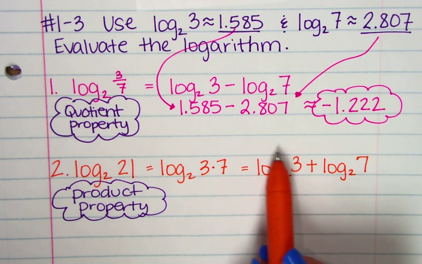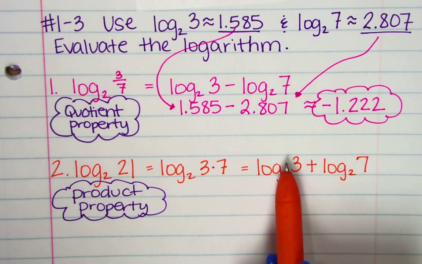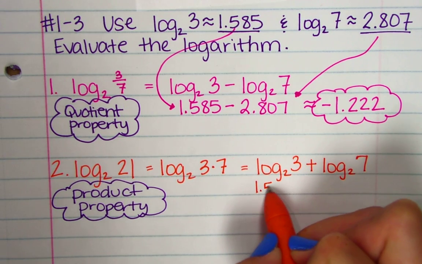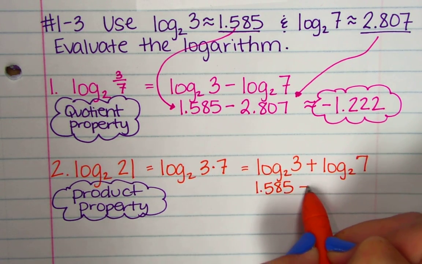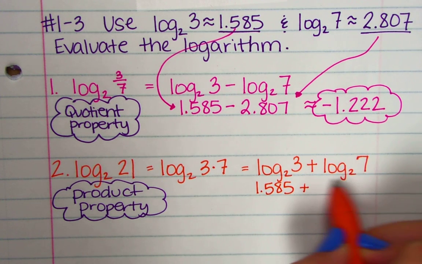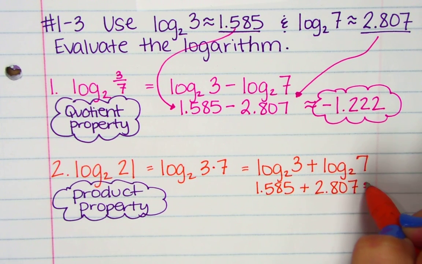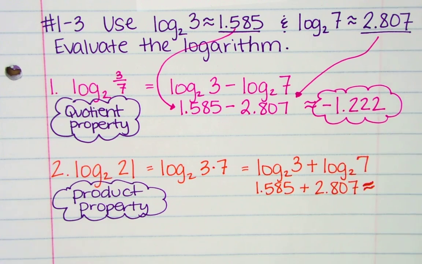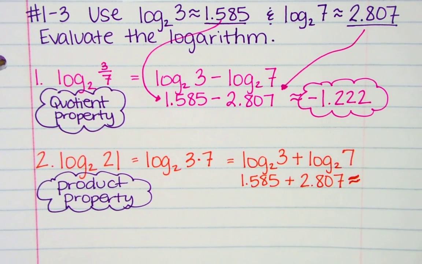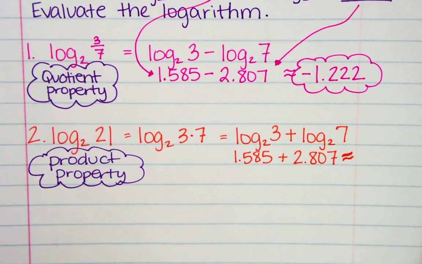And again, I know what this is now. It's 1.585. And I know what this is: 2.807. So I can get, oops, squiggly equals, I always forget approximately, 1.585 plus 2.807.